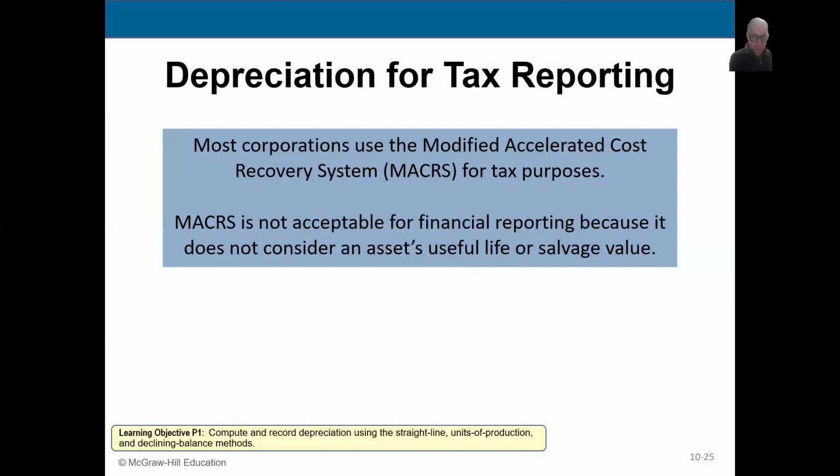And it tells you, as accountants, those business owners, what useful life is for most things, how long it should last. It gives you an idea of how long it should last. So we use that report to tell us how long.